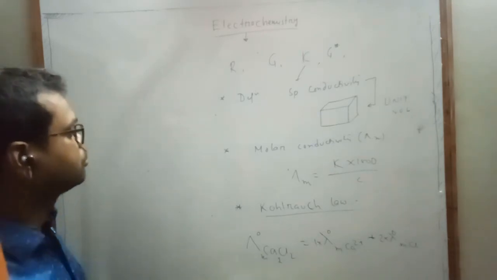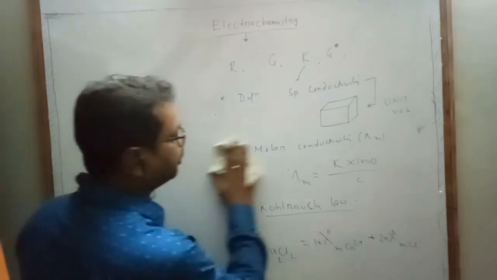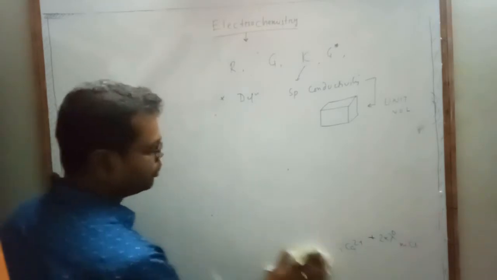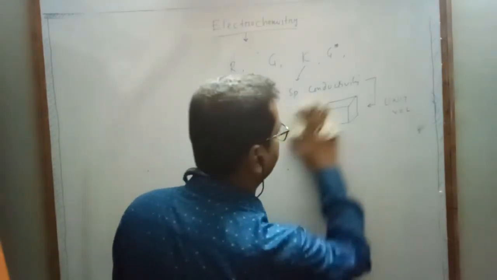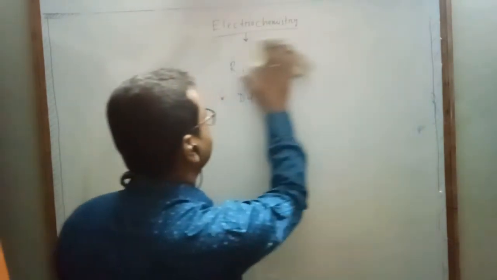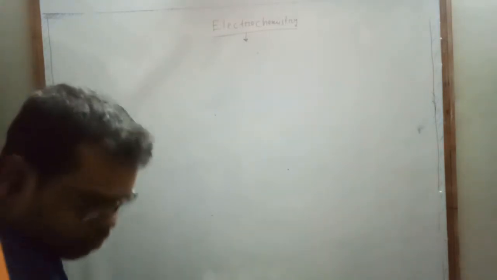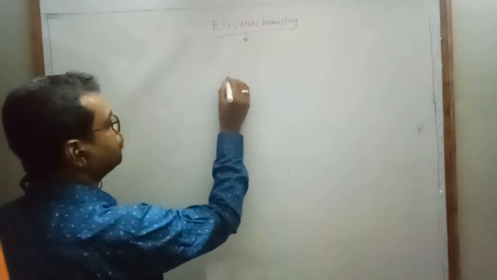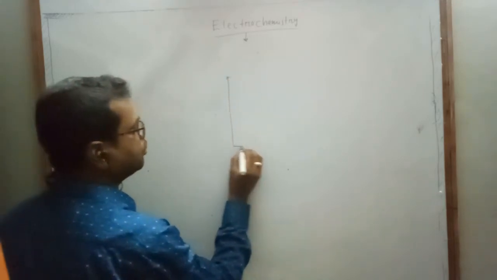most of the things. Now regarding your molar conductivity, we have to learn the variation of molar conductivity for weak and strong electrolytes. So another point that we have learned in this unit is the variation of molar conductivity for strong and weak electrolytes.